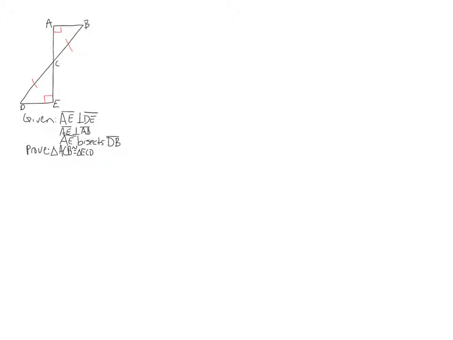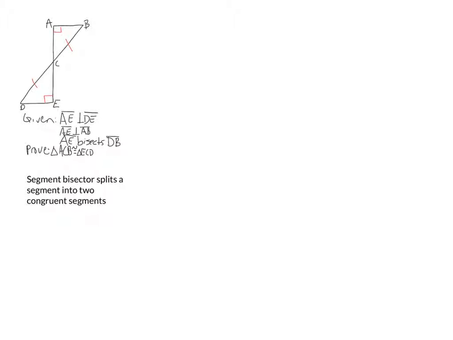A segment bisector splits a segment into two congruent segments. So it's kind of like midpoint, just a different wording. That's something we do want to jot down in our notes. So we've got all sorts of different theorems, properties, and definitions that we can use in the context of proving triangles congruent.